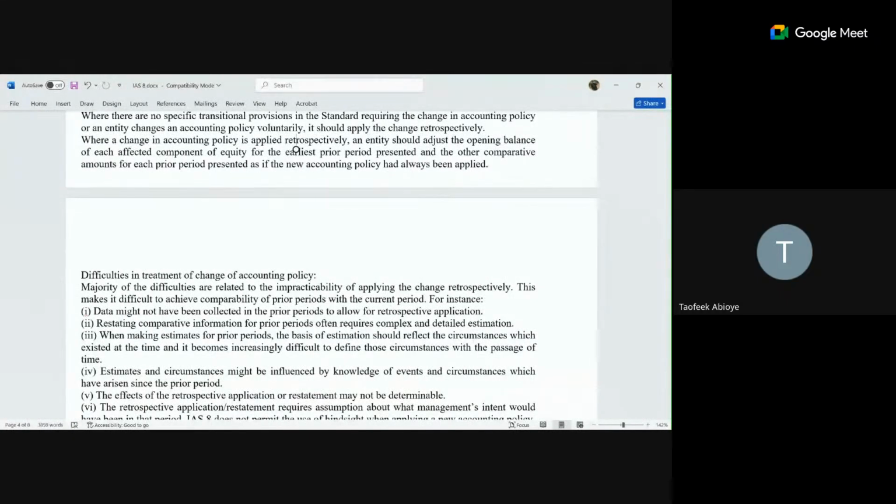Yes, it's going to require a lot of time. The previous accounts you are preparing, you want to prepare using the new policy. It may not be that reasonable. It may not be certainly possible, due to some unavailability of key financial information that will be needed.